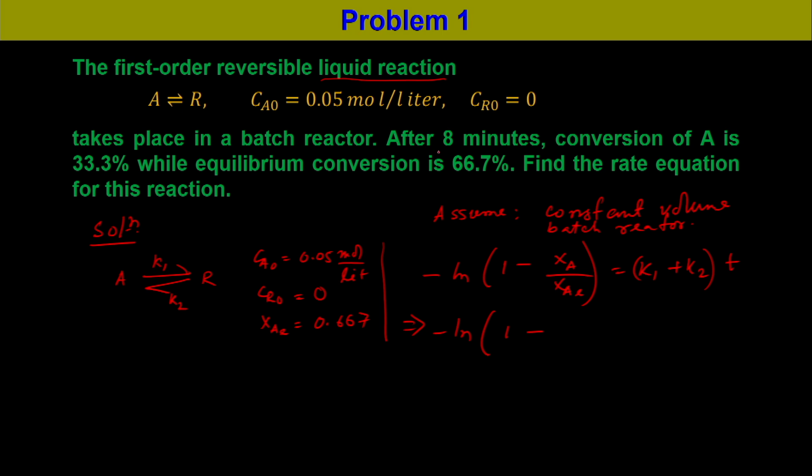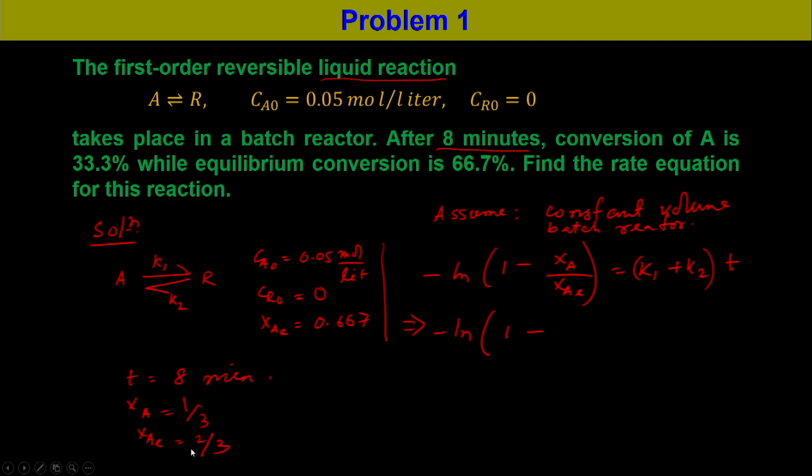We can see after 8 minutes, so t is equal to 8 minutes, the conversion is 33.3%, that is 1/3. So, XA is equal to 1/3 and XAE is 66.7%, that is 2/3.